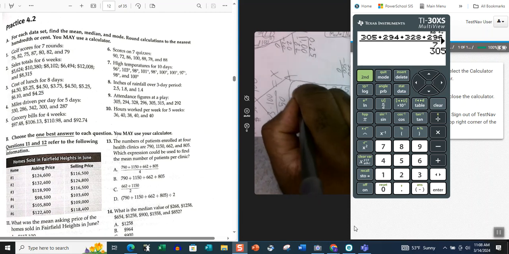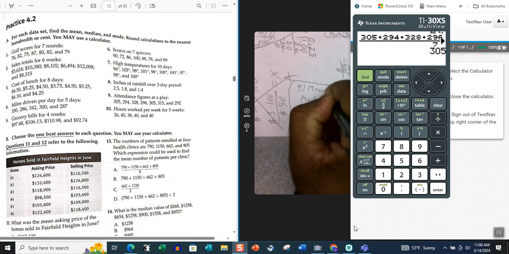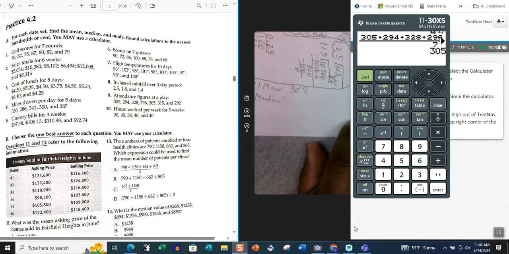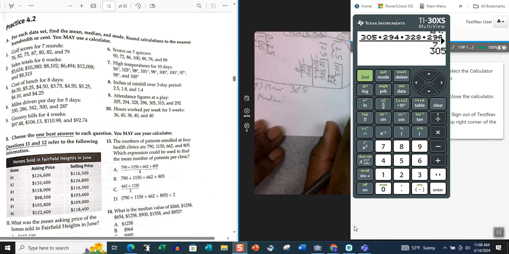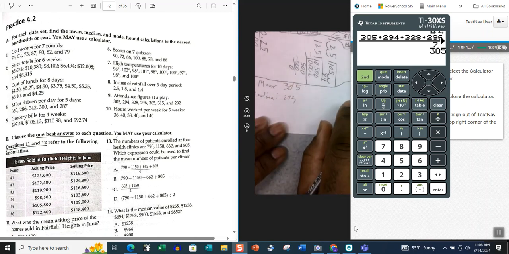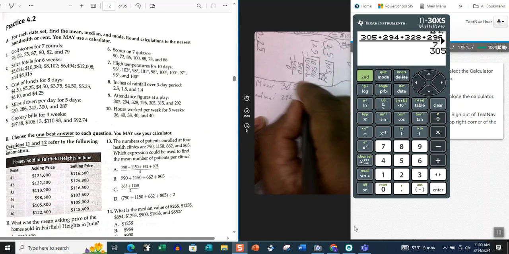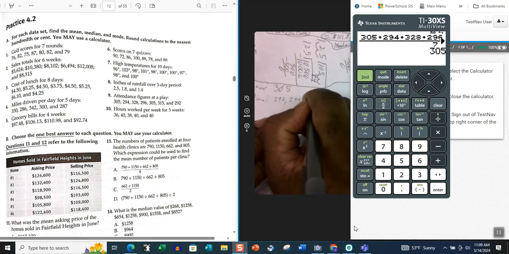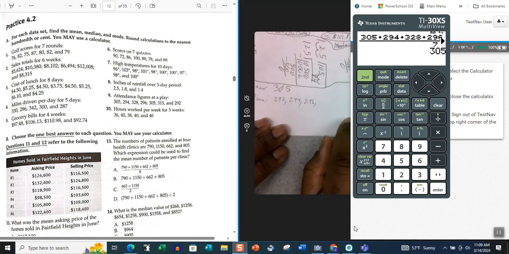Now we go for our median. Now remember, the median, we have to set it up from smallest to greatest. So if you look here, the smallest value here is 292. Then the next would be 294. Then the next would be 296. Okay, so that took care of all of the 2s.